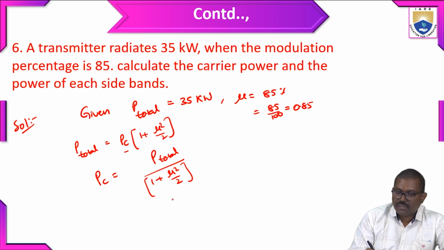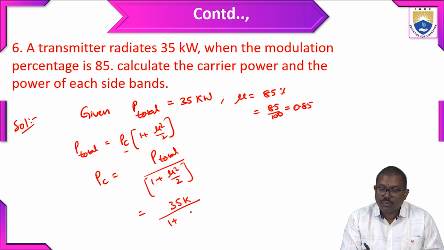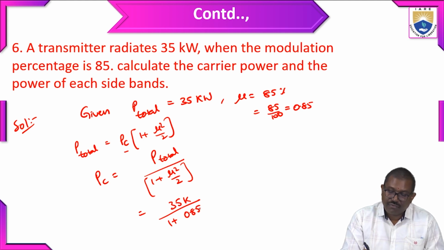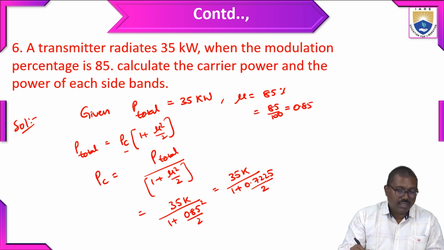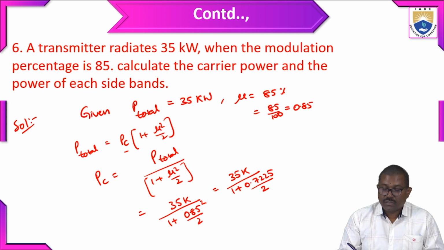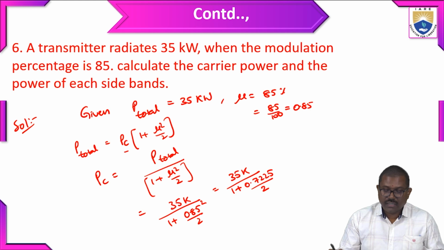My total power is 35 kW, so 35 K divided by (1 plus 0.85 squared divided by 2). So 35 K divided by (1 plus 0.7225 divided by 2). Here a calculator is a must, so using the calculator we get the values.